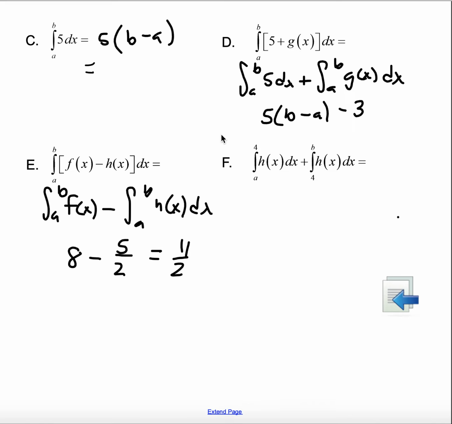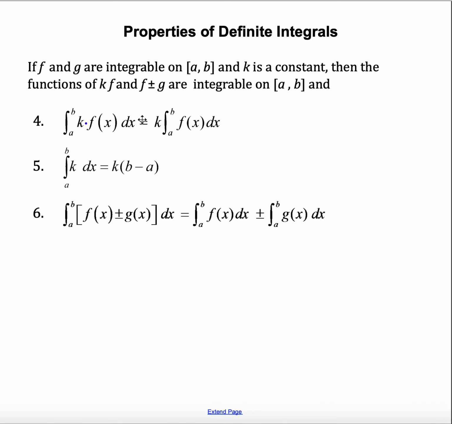For the next one, you're seeing that you have the sum of two integrals, from a to 4 and then from 4 to b. If we go back and look at that property, what property was that?